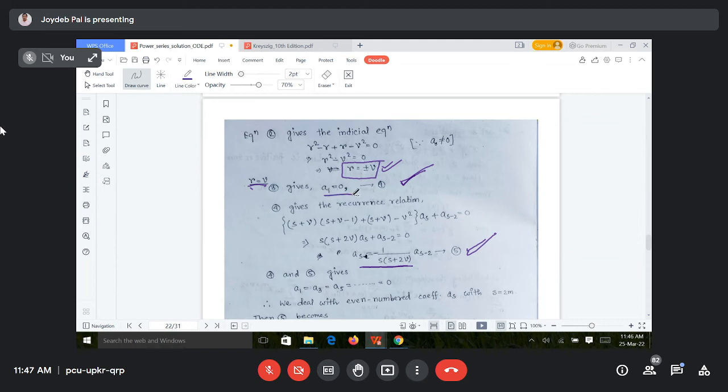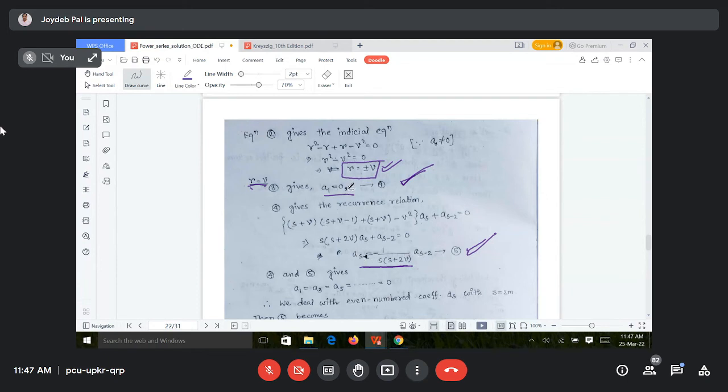Look, a1 is 0, right? Now if you put s is equal to 3, a3 is equal to something into a1. Yes, sir. So a1 is 0, so a3 is 0. Therefore you put s is equal to 5, a5 is equal to something into a3. a3 is 0, that means a5 is 0.